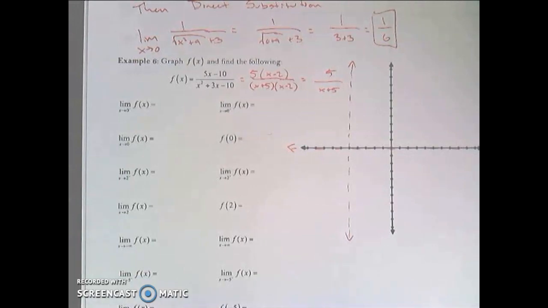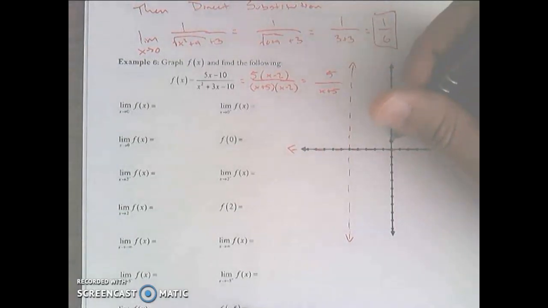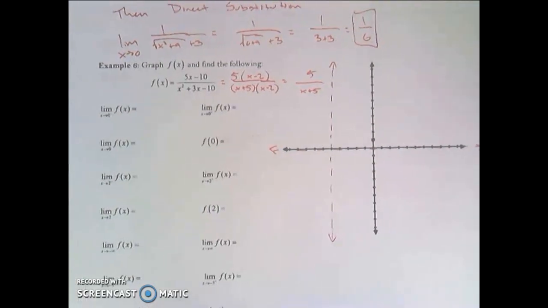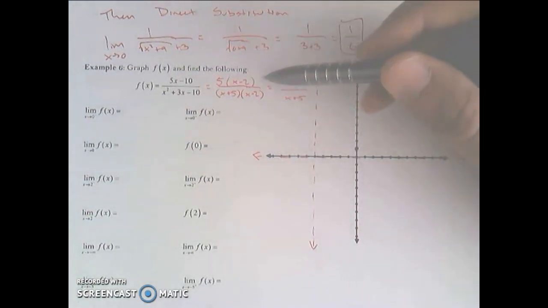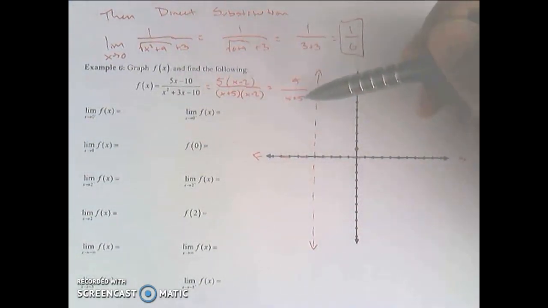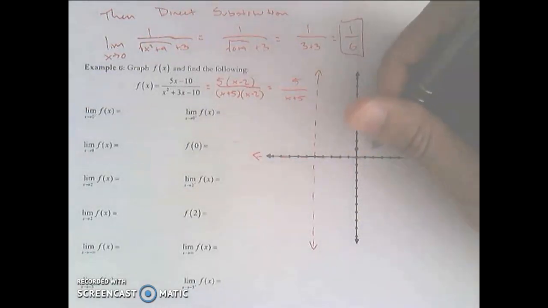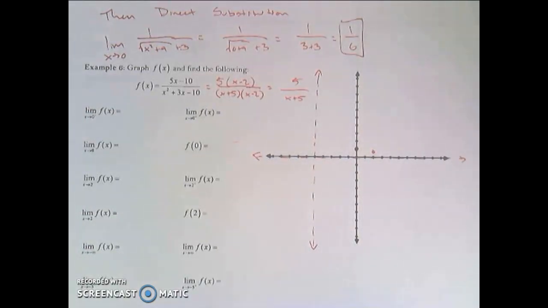Okay, y-intercept: we plug in 0 for x, so we have 5 over 0 plus 5, which is 5 over 5, or 1. I want to find out what the coordinates are for that hole. If we plug in x equals 2, then we would have 5 over 2 plus 5, which is 5/7. So that would be (2, 5/7). That's right about here.